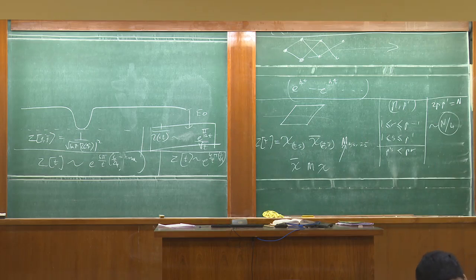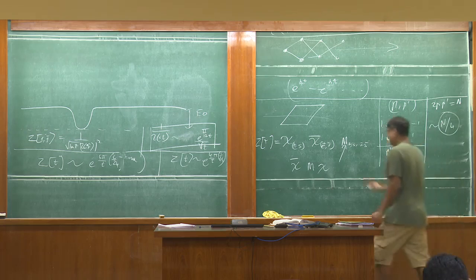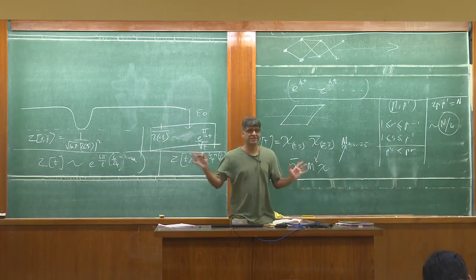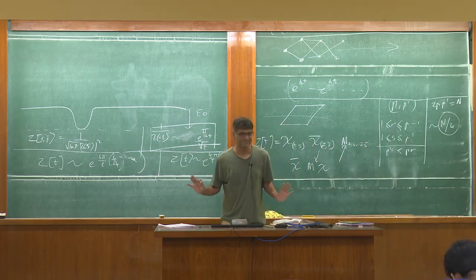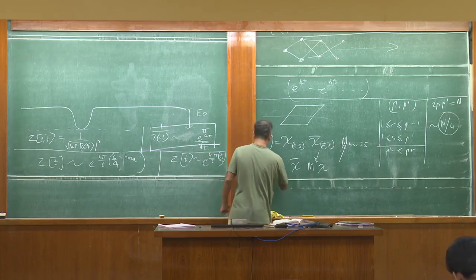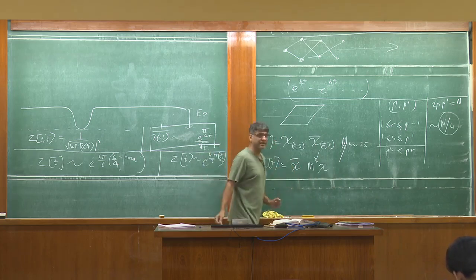Clear? Okay? So z of tau must take this form. M is a given matrix of integers.